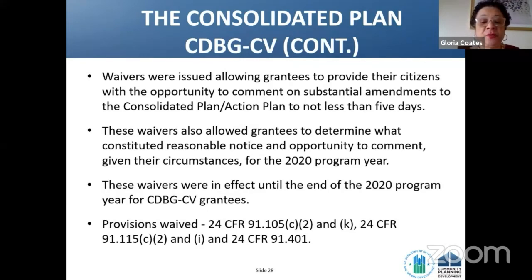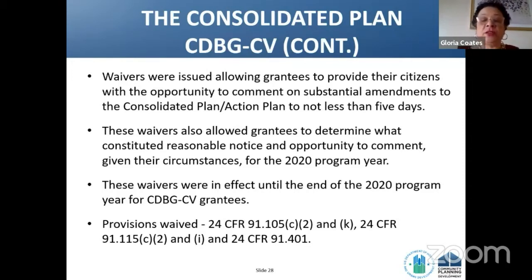That provision was from the CARES Act, and so it was statutory. A minimum of 5 days had to be provided for citizen comment. If you did not do that, then you may have been instructed by your field office to go back out and do it again and make sure this time it's 5 whole days.